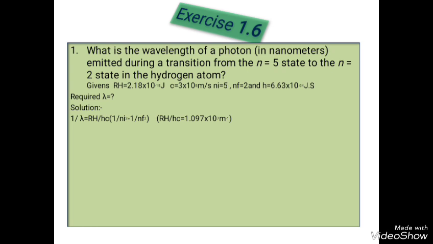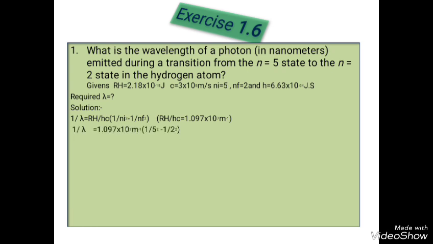From this equation, we know that Rydberg's constant RH divided by Planck's constant h times speed of light c equals 1.097 times 10 to the power of 7 meter inverse.